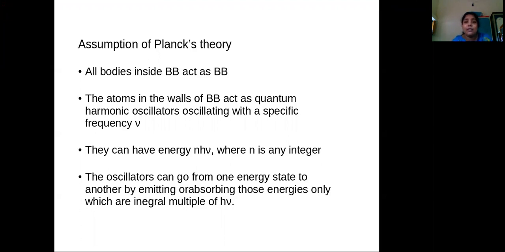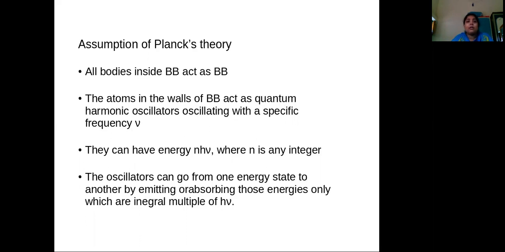So this is the main difference between Planck's theory and Rayleigh-Jeans theory. They assumed them to be harmonic oscillators, but classical harmonic oscillators. But Planck assumed them to be quantum harmonic oscillators oscillating with a specific frequency nu. So this is the main thing. Classical harmonic oscillators can have any amount of energy, but as I said, the main thing of quantum mechanics is that energy is quantized.